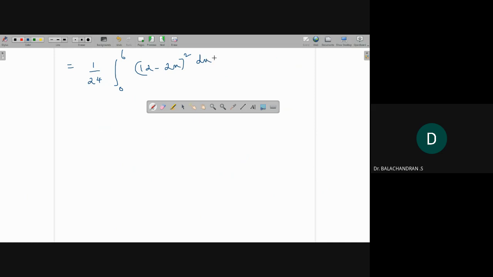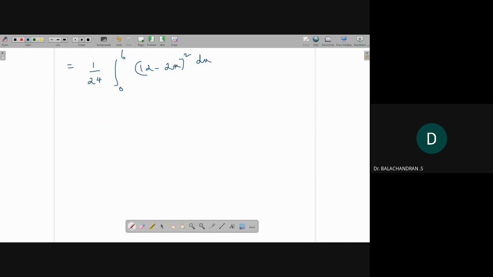Into dx. So I think here 2 is common. So if you take 2 common, 2 square is 4. 4 by 24. Integration 0 to 6, 6 minus x whole square into dx. So this is 1 by 6.